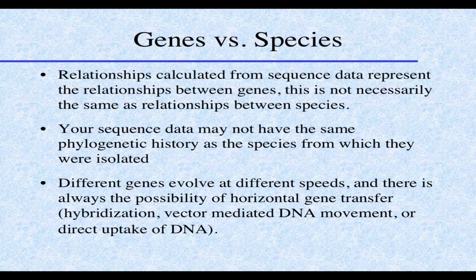I've said this before, but one more time, when you do a phylogenetic analysis, sort of by definition, you're working with a set of sequences. Those sequences represent genes. We hope they represent the species from which we have isolated the DNA, or from which somebody says they have isolated the DNA, but it's not necessarily true. The gene itself, the piece of DNA, may have a different evolutionary history as compared to the organism it's in.